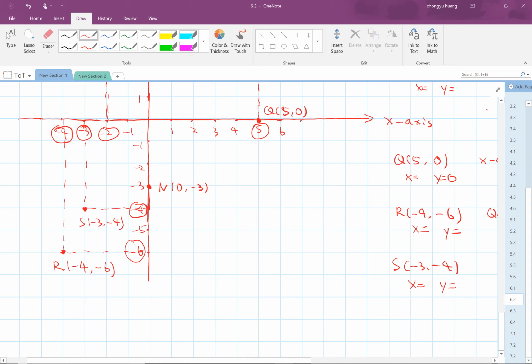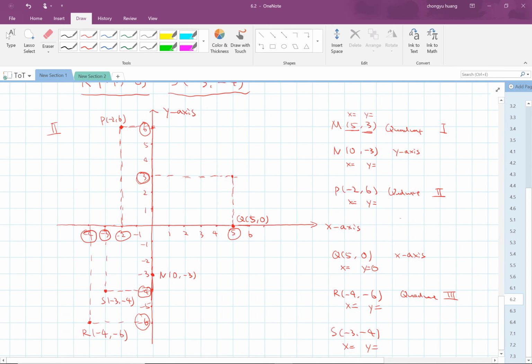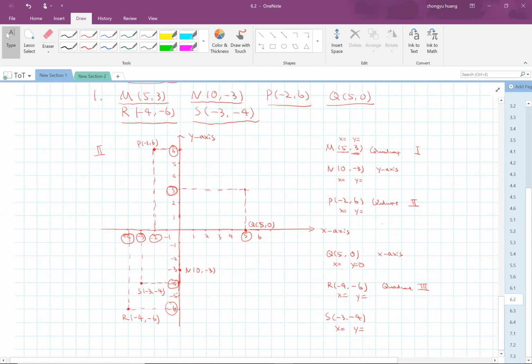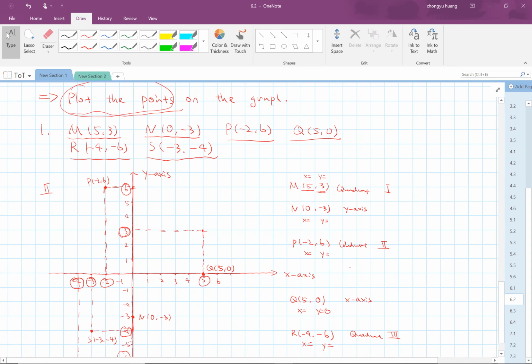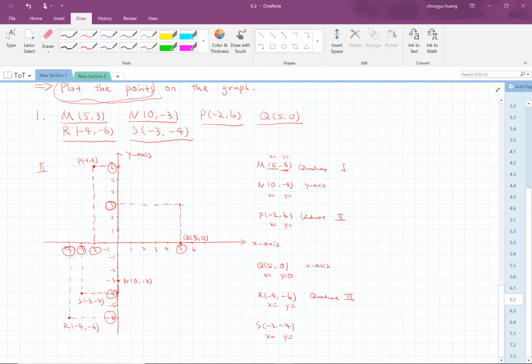There's not much to talk about over here, because to find the point, you just look at the graph and then you will find it. If you're not sure, then you may use the dash line, but there's not much to talk about when plotting the point.